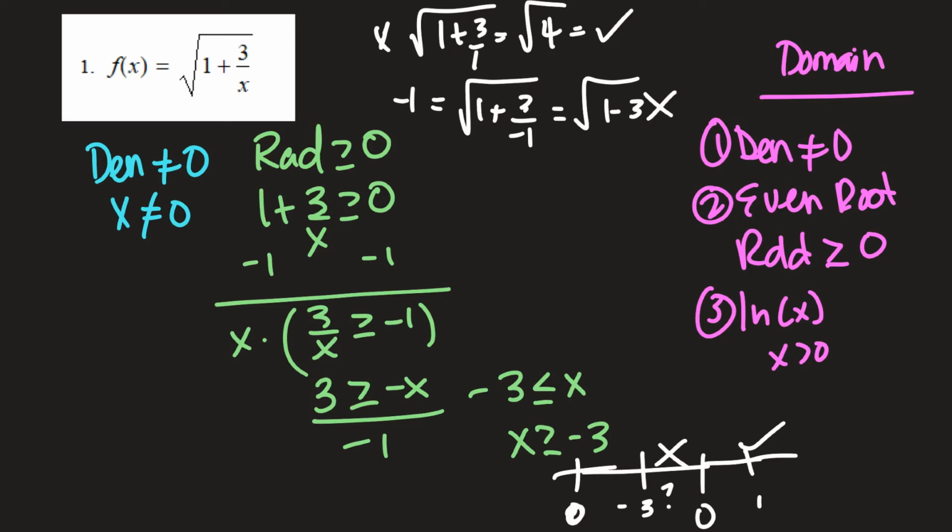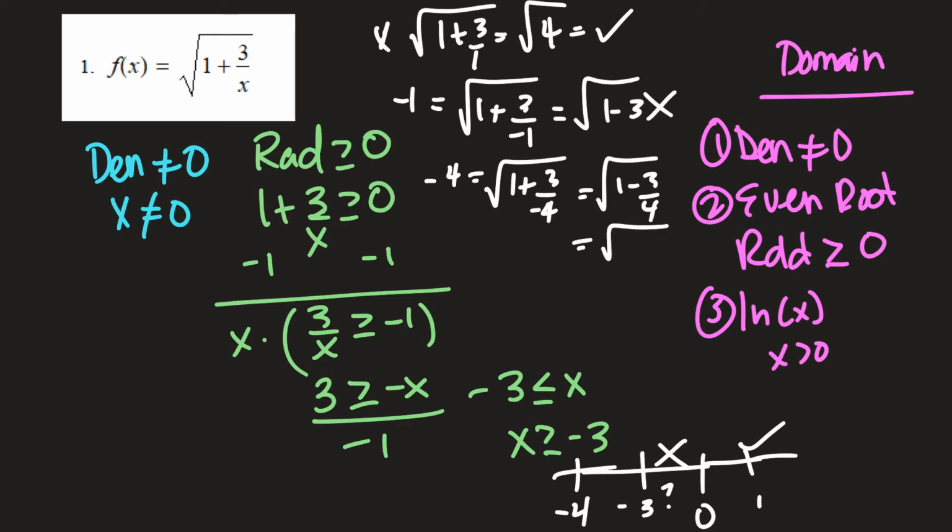Now, this says that it has to be greater than negative 3, but anytime I have that fraction, I'm going to check all of my regions. So let's go ahead and check negative 4. I have 1 plus 3 over negative 4, which gives me the square root of 1 minus 3 over 4, which is the square root of 1/4, which does check out.